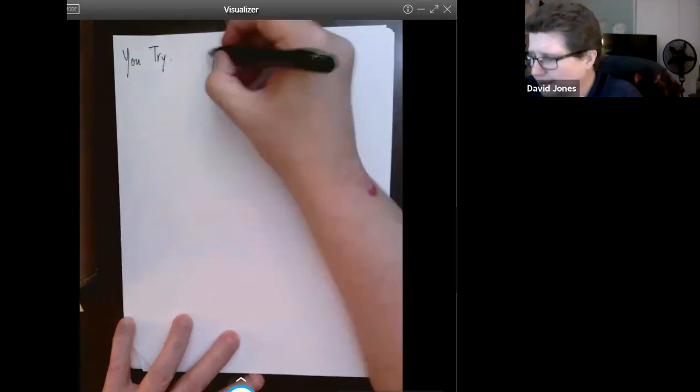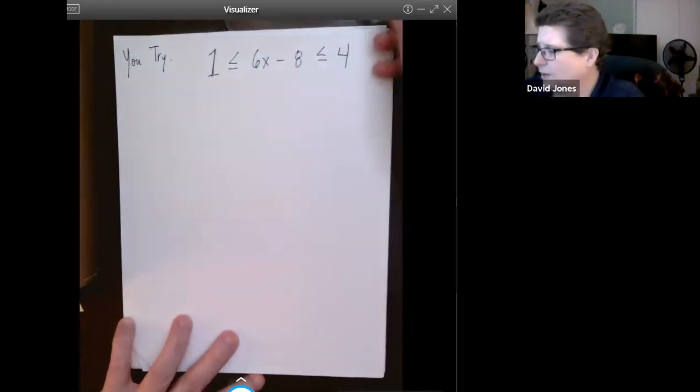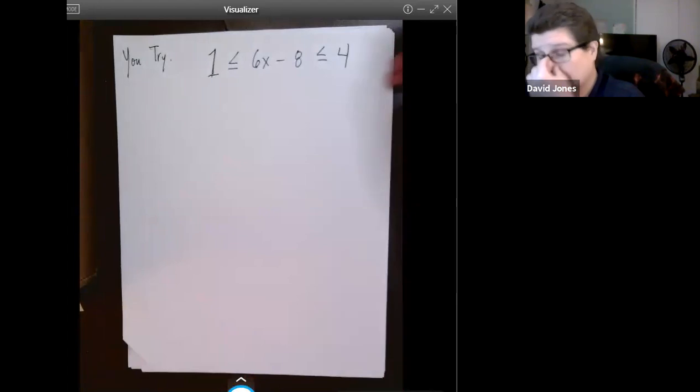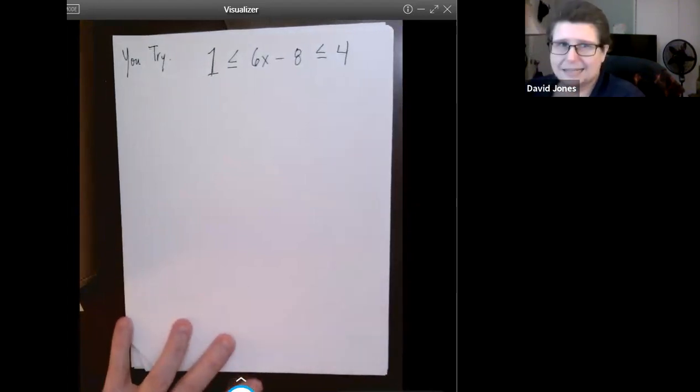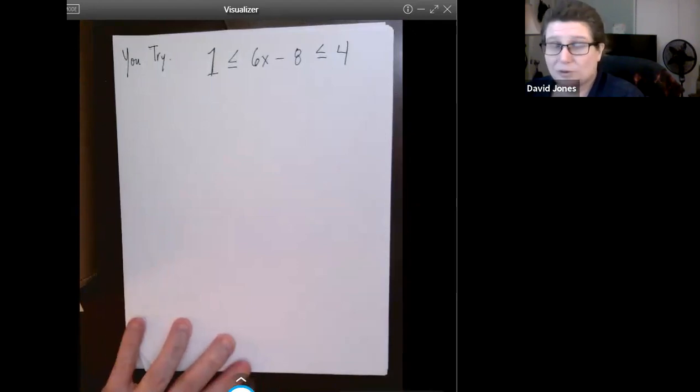One is less than or equal to 6x minus 8, which is less than or equal to 4. Now I can't say either side because I've got more than one region.